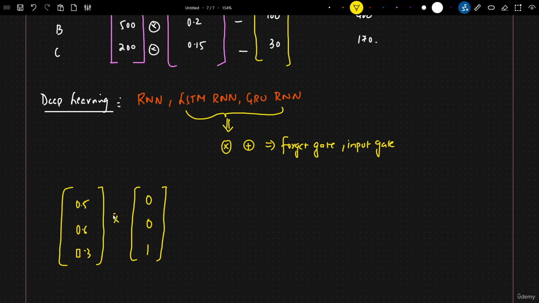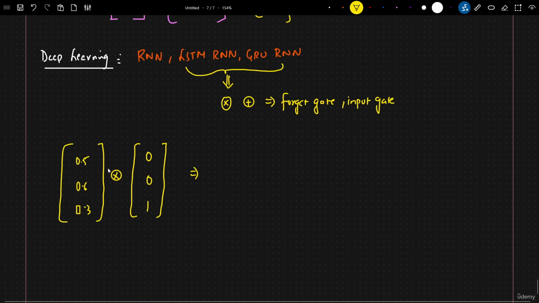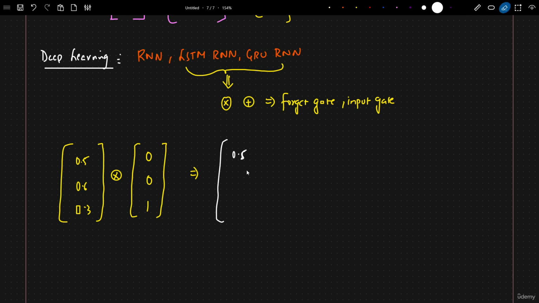By just doing this element-wise multiplication, we can see that this can also act like a gate. If the value is 0 and I do this operation of element-wise multiplication, this information will not pass, because here we are multiplying with 0, right?